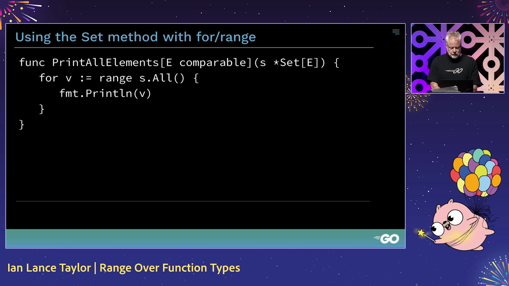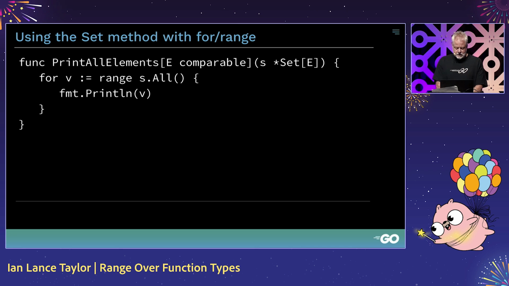However, in some cases, for some container types or any other type, that won't work, such as if the function that returns the iterator needs to take an argument, or if it needs to do some setup work. As a matter of convention, we encourage all container types to provide an all method that returns an iterator, so that programmers don't have to remember whether to range over all directly or whether to call all to get a value that they can range over.